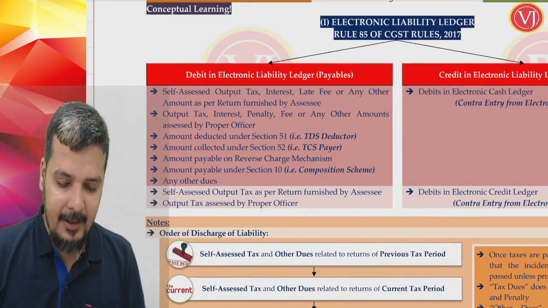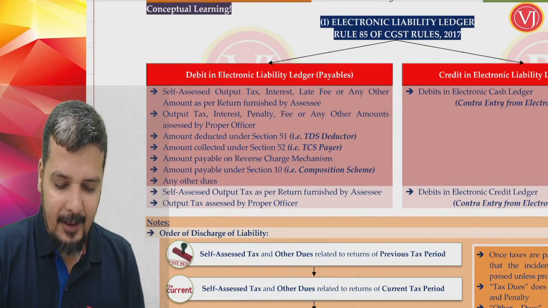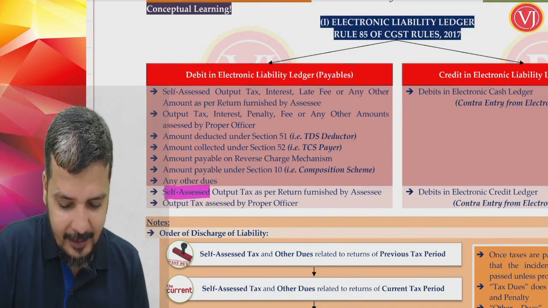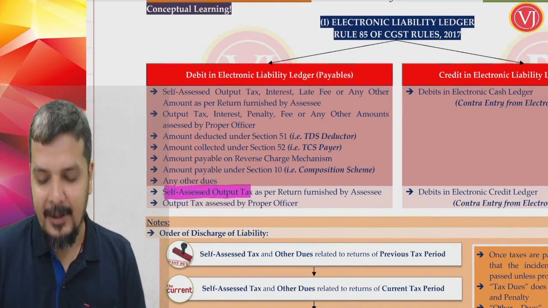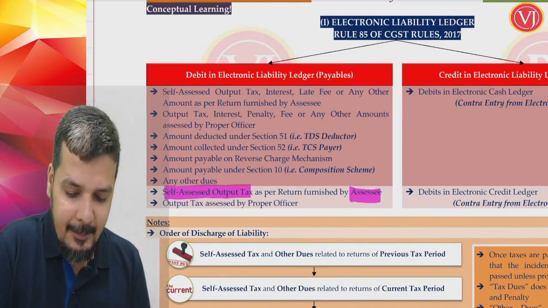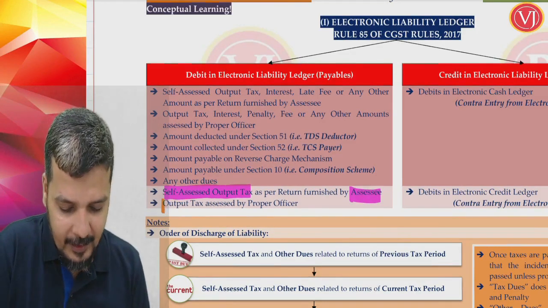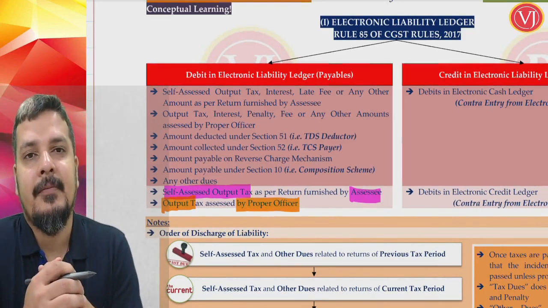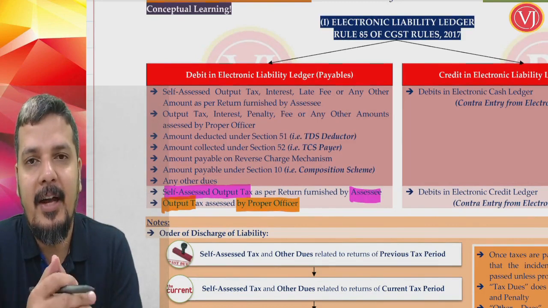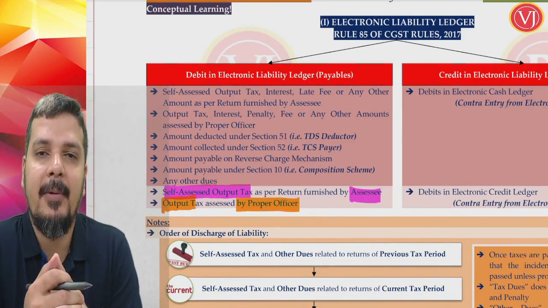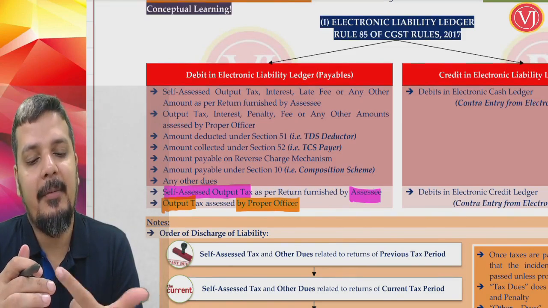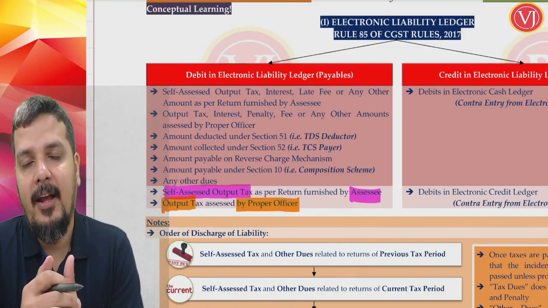Either liability is created by the assessee himself, self-assessed output tax liability by the assessee himself, or liability is created by the officer, output tax assessed by the proper officer. Either the assessee himself creates liability or liability is created by the officer. So self-assessed tax liability by the assessee, and the officer creating the liability.